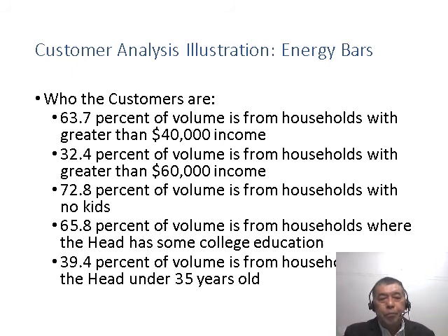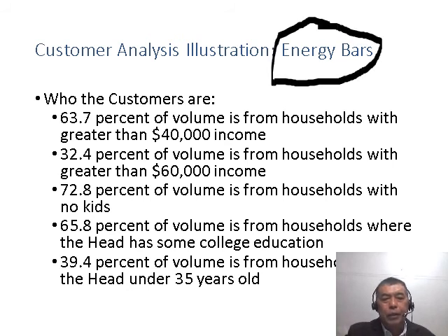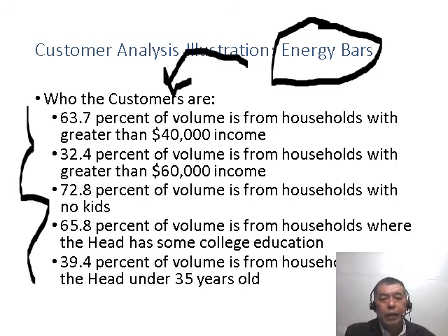Now, according to the data, 63 or 64% of volume is from households with greater than 40,000 income. This data is for a chocolate energy bar. So they tried to analyze the customers, and these are the data that they found out.